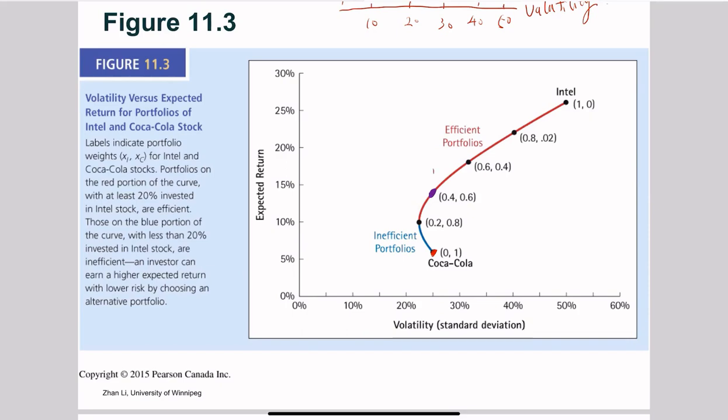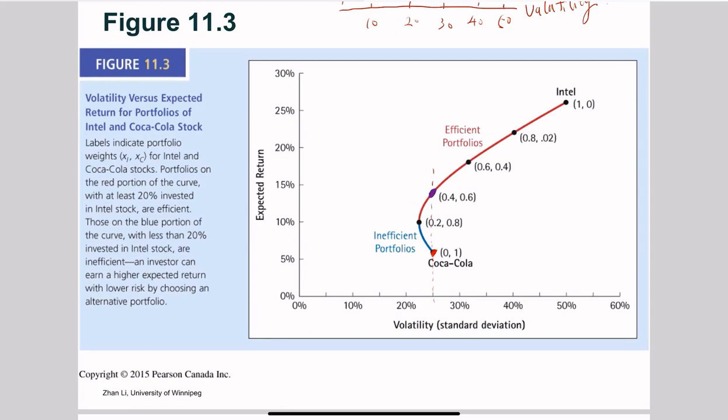That is, these two portfolios have the same volatility. However, the portfolio on the top has a much larger return, about 13%, versus the portfolio on the bottom, about 5%.